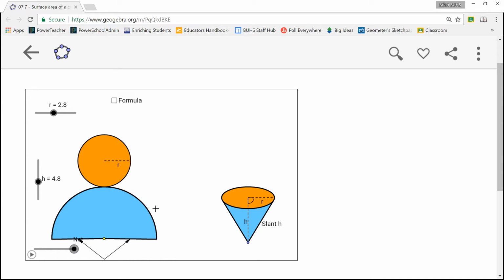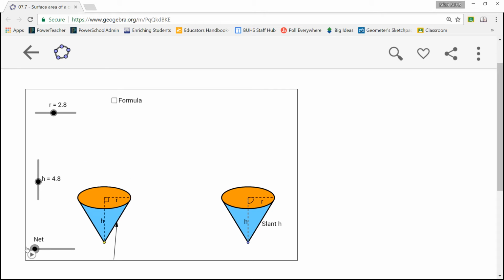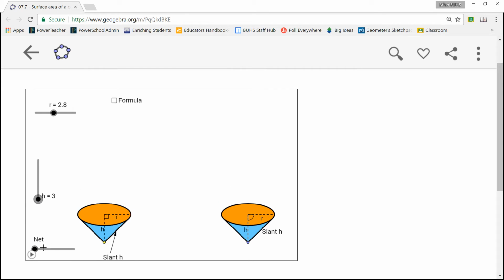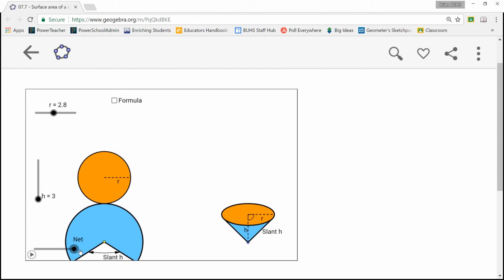I'm going to have you come back tomorrow and tell me how high does a cone have to be with respect to its radius in order to be a semicircle for its lateral area. And then if it's a stumpy cone, that's when you'll get more of a Pac-Man shape from it.